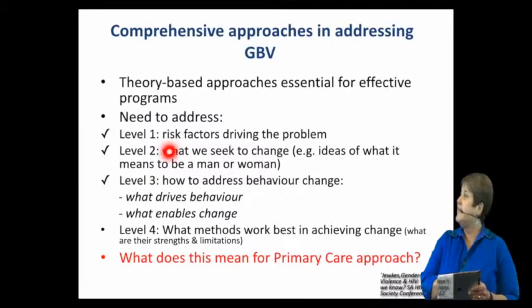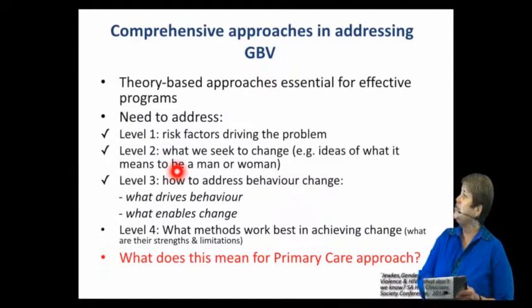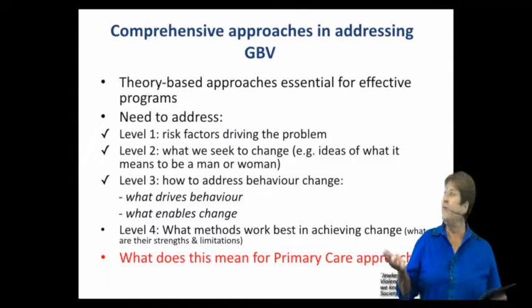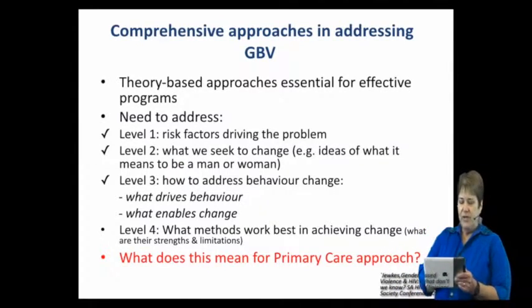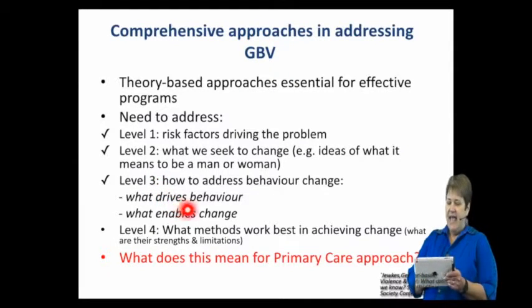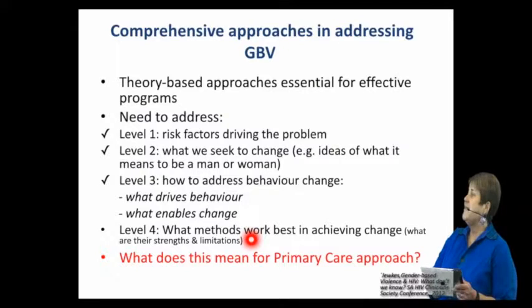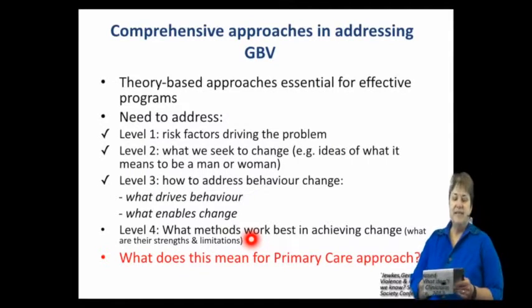You need to look at level 2, what are we trying to change? For example, what are ideas of what it means to be a man or a woman? We need to look at level 3. In fact, we do need to look at all 3 of these. How do we want to address behavior change? What drives it? What enables it? And what are the best methods? What are their strengths and limitations?